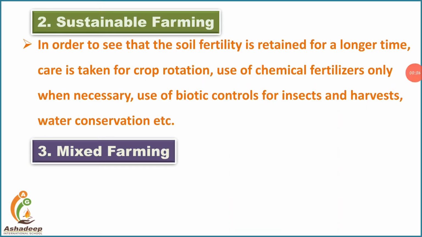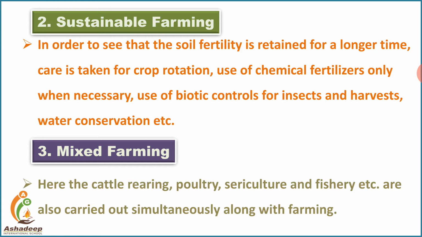Now, next one is mixed farming. In this farming method, as the farmers are growing the crops and cultivating the field, at the same time they will also do some sorts of cattle rearing, poultry farming, sericulture or fishing works along with the main farming activity.